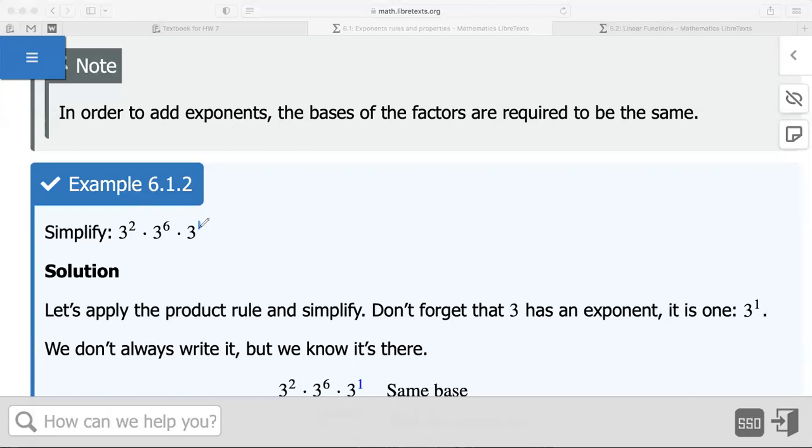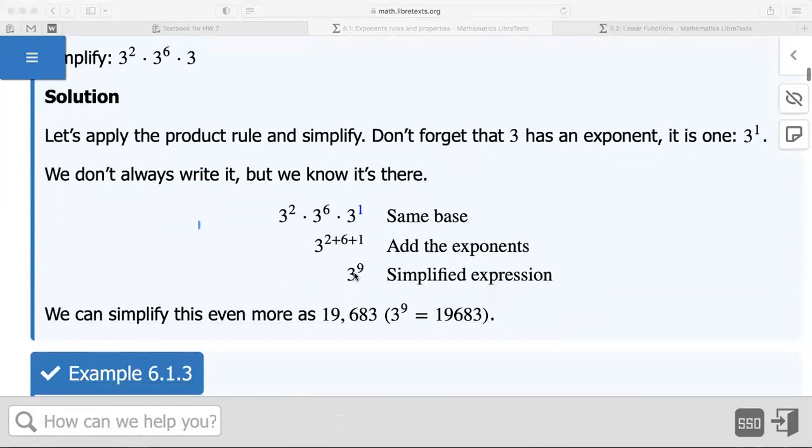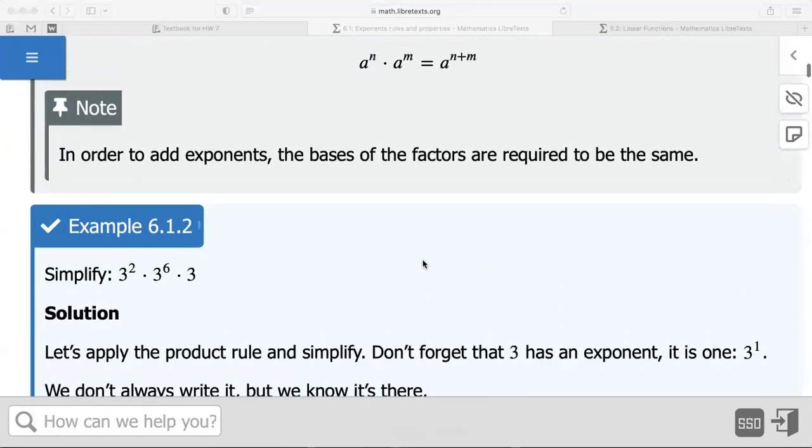What we have to do is note they all have the same base, so you write 3, and you add the exponents together: 2 plus 6 plus 1. So I have 3 to the 9. That would be my simple answer for that one, and then you can calculate that part. So that's it for the first one.